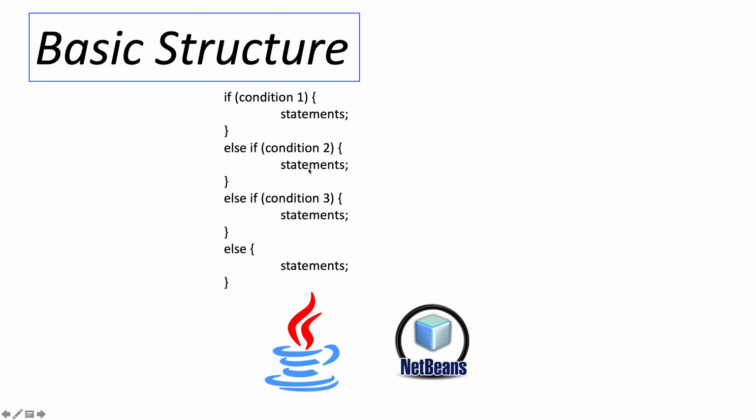Again, it will never check the other conditions. But if this is false as well, then it will check the next conditions, and you can write many conditions just by adding else if, else if, else if, similar to this.